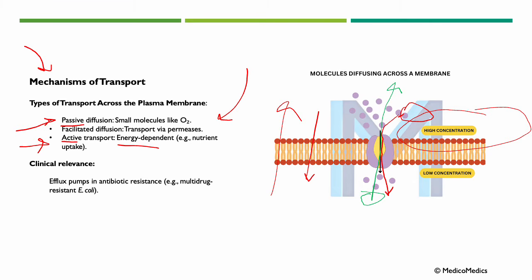We have another one we didn't mention here, but it's called group translocation. It is a unique transport mechanism where the substance is chemically modified during its transport across the membrane. It allows the bacterium to trap essential nutrients like glucose inside the cell in a modified form that can't easily leave, ensuring the bacterium can use these for its metabolism.